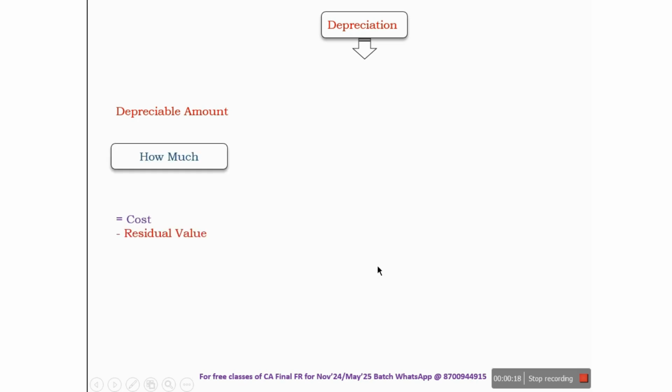Ind AS 16 defines depreciation as systematic allocation of the depreciable amount of an asset over its useful life. So if you look at the depreciation definition, it has three elements. One is the depreciable amount, that is, how much will be the depreciable amount. It means cost minus residual value.